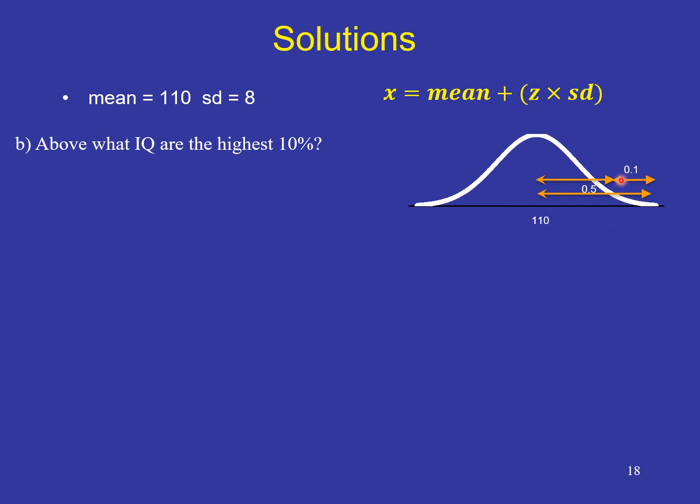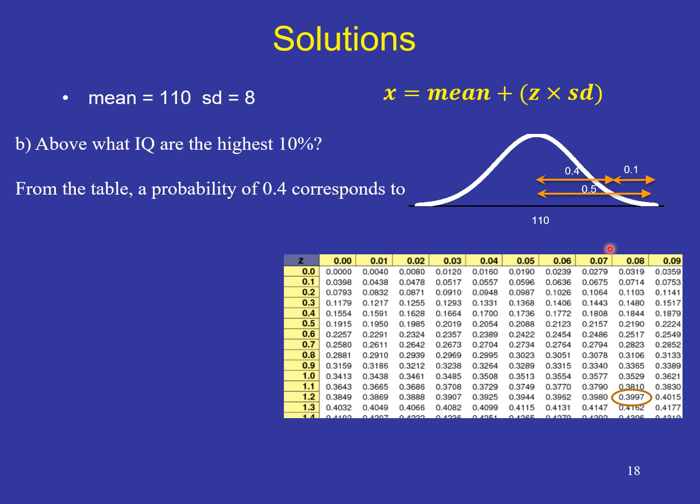So if this probability is 0.1, we know this probability is 0.5 because it's half. So clearly the probability left, the one we're interested in, is 0.4. So we need to look inside our normal tables for 0.4.